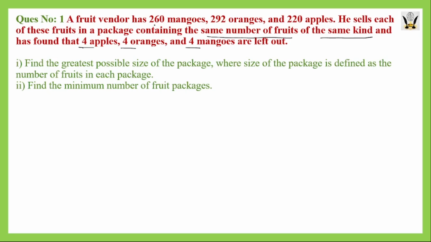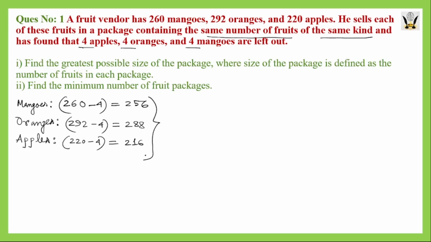That means 260, 292 and 220 are not completely divisible by the maximum number of fruits that every package can accommodate. So first we subtract this remainder, this 4, from every type of fruit. These are the number of fruits after subtracting the fruits that were left out. And we have to find the GCD or HCF based on these numbers.